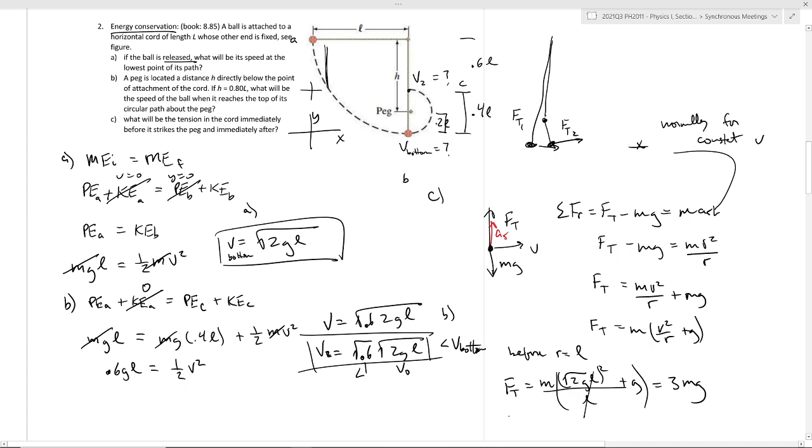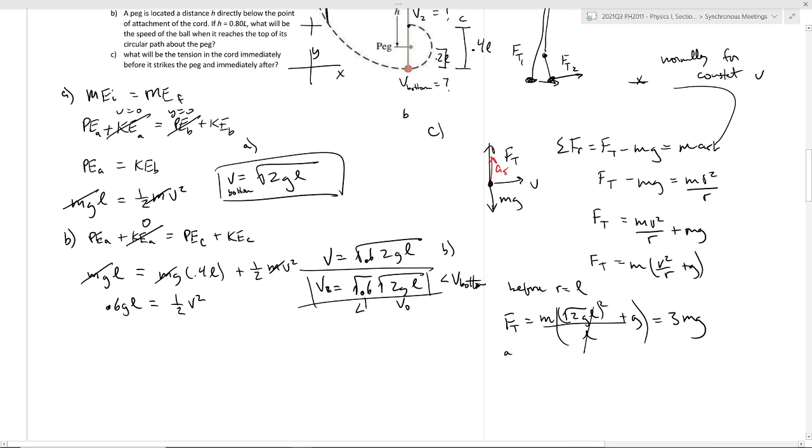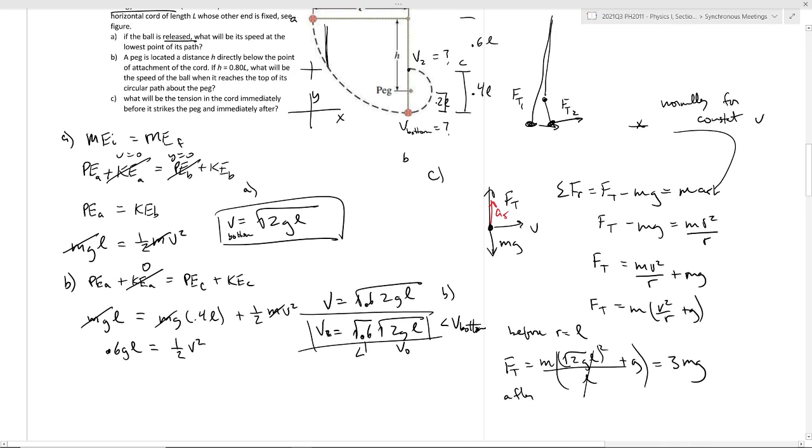And then after, give ourselves a little more room here. Try and keep the picture on there still. After, R becomes much less. It's only 0.2 L. In which case, this tension then would become, so the speed hasn't really changed yet because it's still at the bottom.